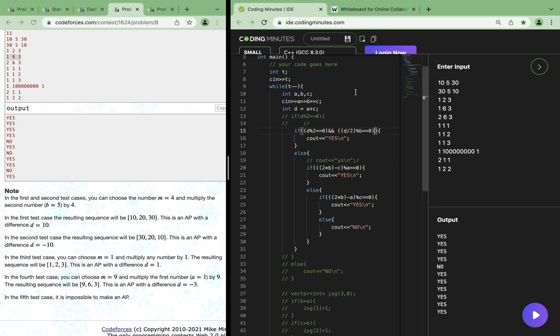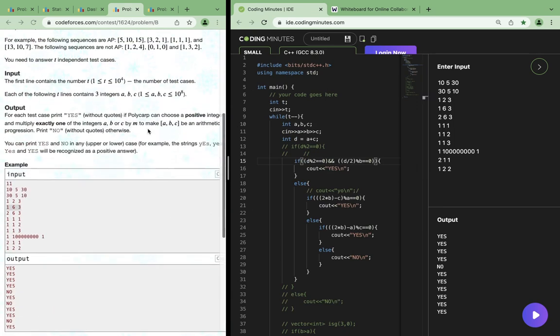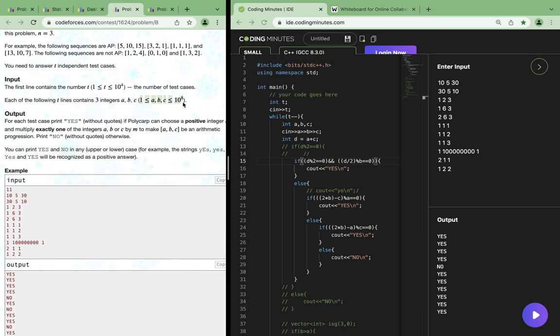So maybe this is the case that negative numbers would fail here. But there are no negative numbers here.